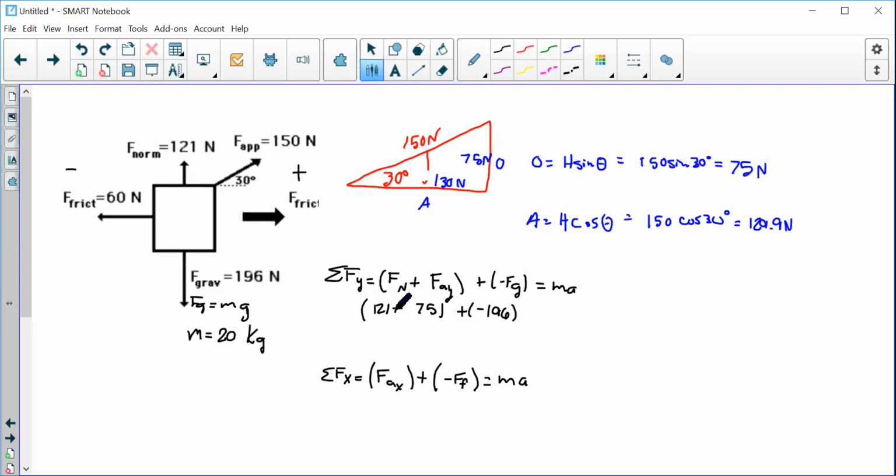Well, 121 plus 75: 120 plus 70 is 190, 5 plus 1 is 6. So 196 plus negative 196 equals 0. What this tells us is that forces are balanced in the y direction, and that means there is no acceleration in that y direction. So that object is either moving at a constant velocity or not moving at all, likely not moving, seeing as there's friction.